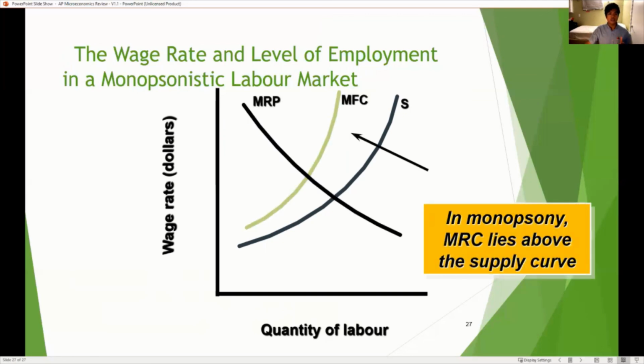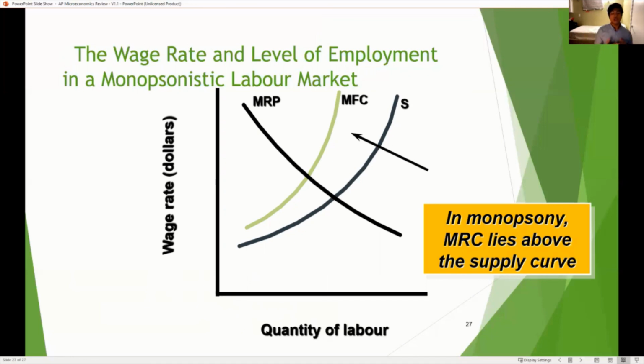However, if this monopsony wants to hire more workers, it has to charge a higher price to attract more workers. With that said, what about the current workers that are already hired? Well, that monopsony also has to increase their wages, so that's an additional cost.